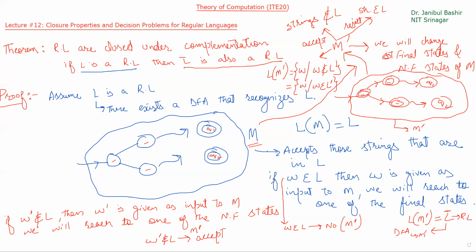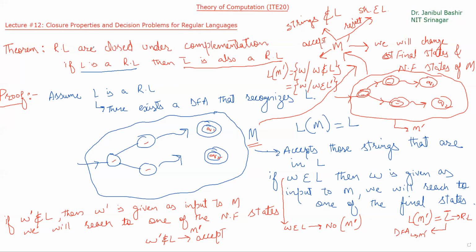We have proven it by creating a new DFA such that the language of that DFA is L complement. And since L complement is the language of a DFA, L dash is also a regular language. So we can say that regular languages are closed under complementation.